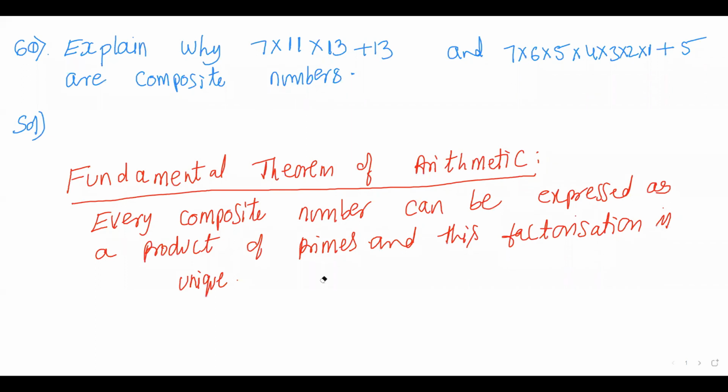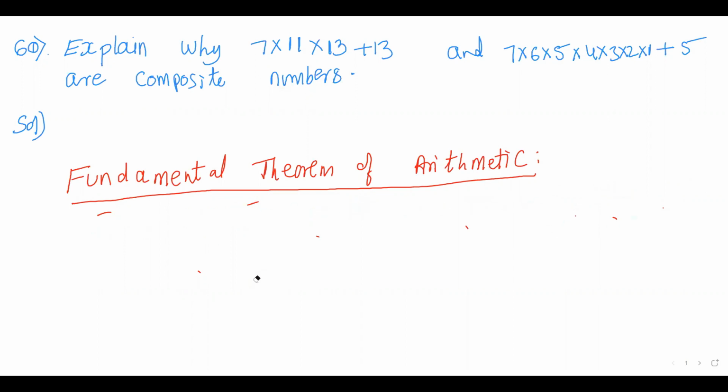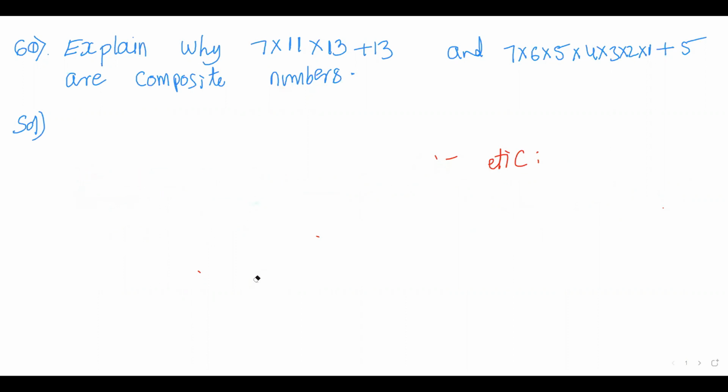I hope you have copied the theorem. Now I am going to do the question. Here a number is given. What is the first number? I already told you that these two are different questions. You can't club these two numbers. Separately you have to do Roman number 1. What is the number given? 7 into 11 into 13 plus 13.